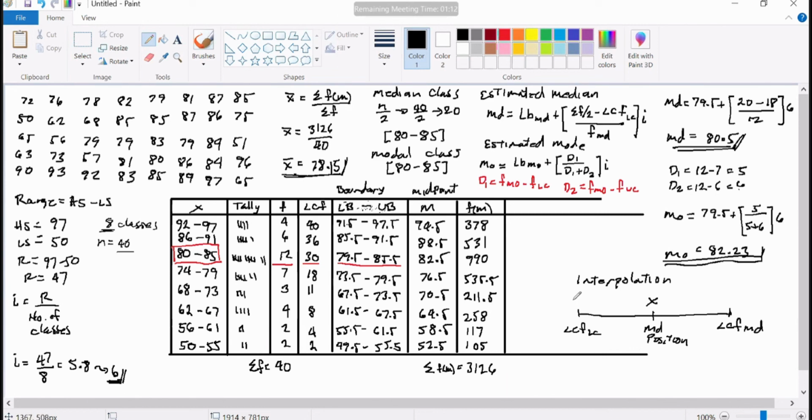Up here will be your boundary. We have here your lower boundary, and that is your upper boundary. What you do is make a proportion: this divided by this is equal to this divided by that. Then we just solve for the value of X.